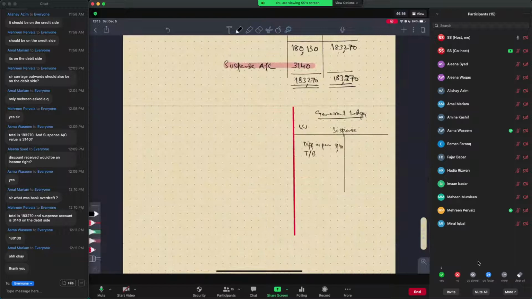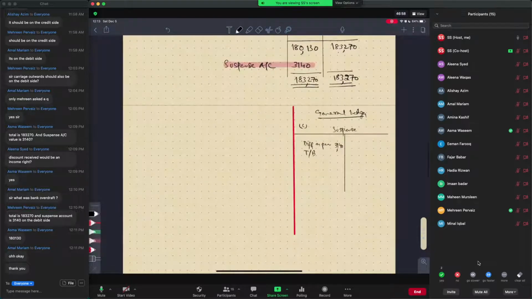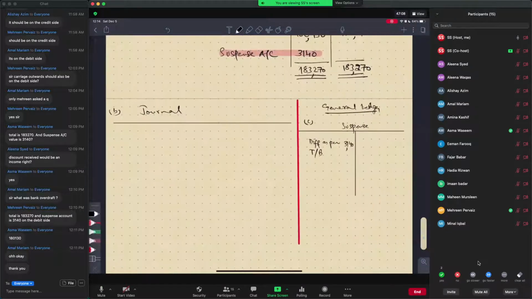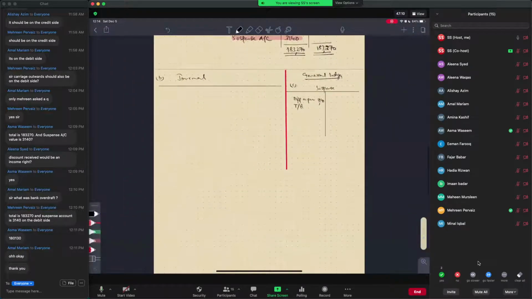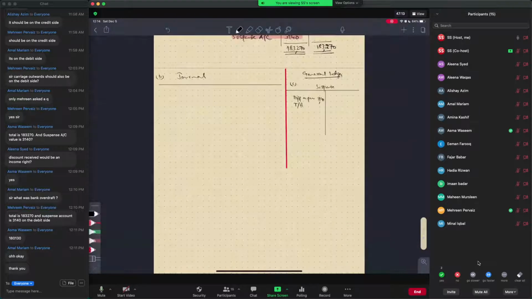In part B, you're required to show the rectification entries, just like in the previous questions. We are going to show the journal, and we will draw the journal, right? Just a second.